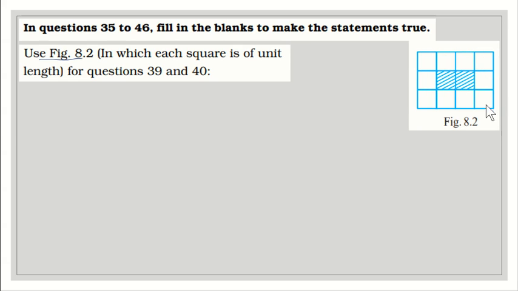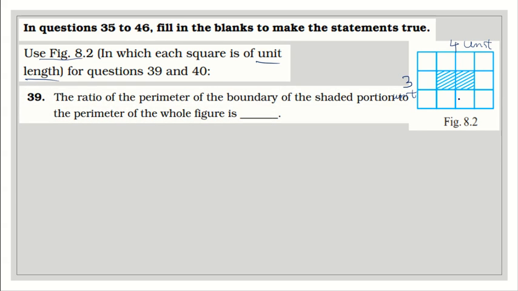It's something like a rectangle of size 4 by 3. Here I have 3 being the breadth and 4 being the length. Now each square is of unit length, that's why I have taken 4 units as length and 3 units as breadth.